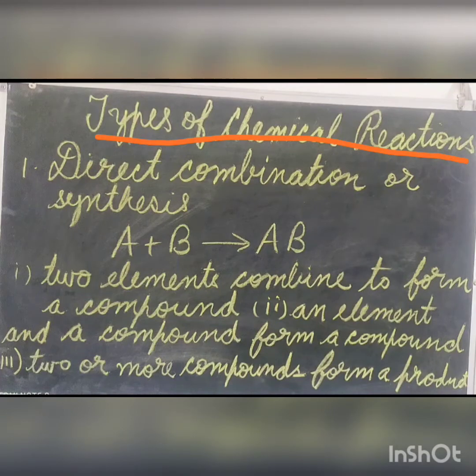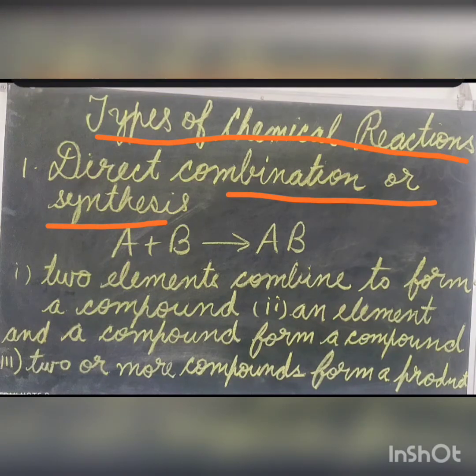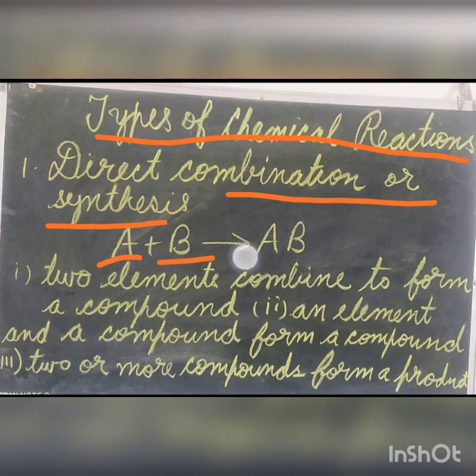So first, the direct combination or synthesis. A reaction in which 2 or more substances combine together to form a single substance is called a combination reaction or synthesis. Such as A plus B, they combine together to form AB as a product.